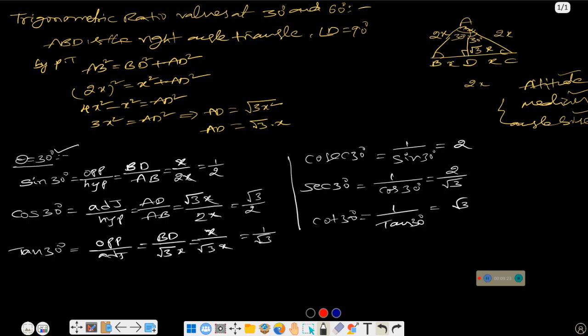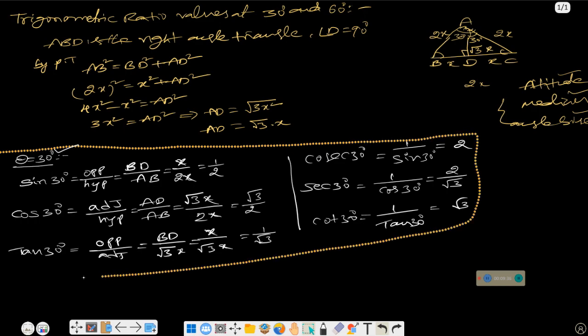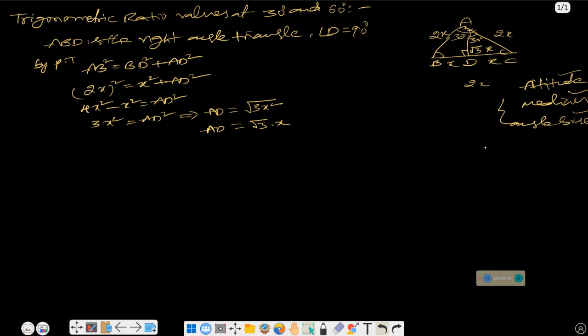Similarly you should find these values at theta equal to 60 degrees. Okay, see, the same values we have to find out at theta equal to 60 degrees.